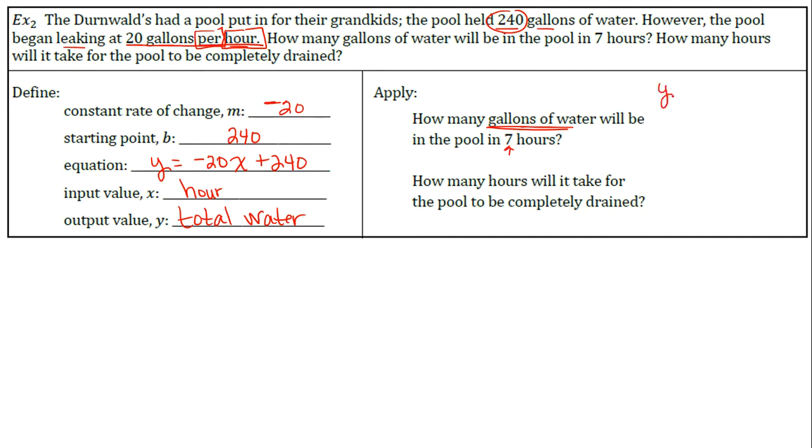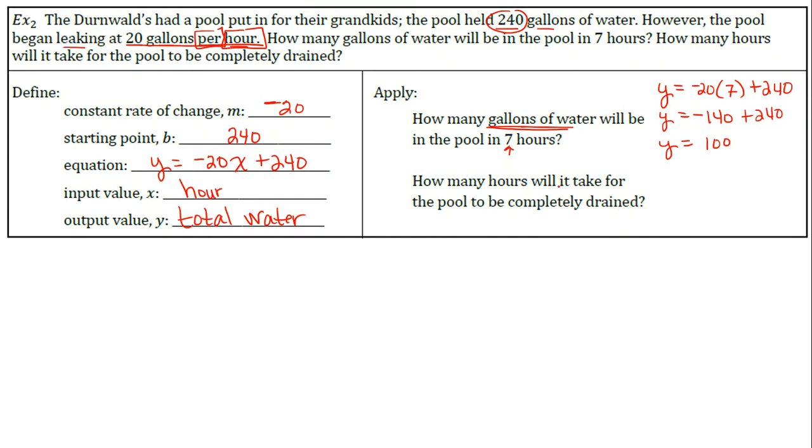So we're just going to plug in: y, the total amount of water in the pool, is going to be negative 20 times 7 hours for x, plus the 240 that it begins with. When I multiply negative 20 times 7 and then combine these, that's going to give us 100. So 100 gallons is what will be left in the pool in 7 hours.